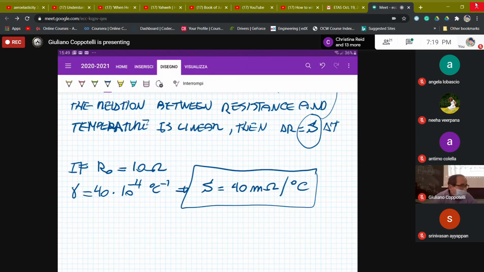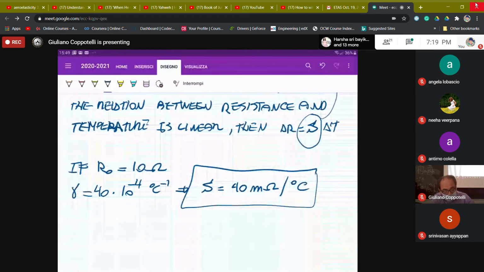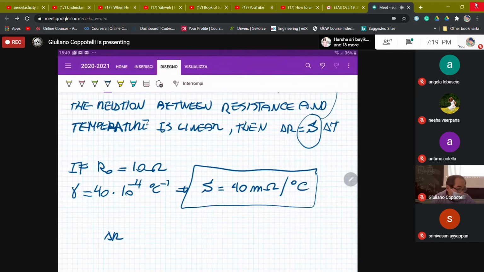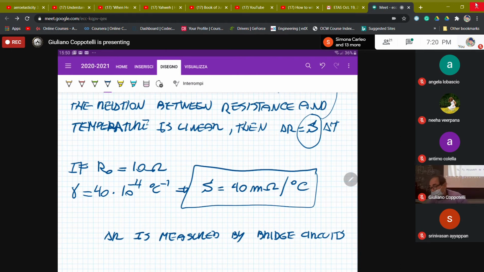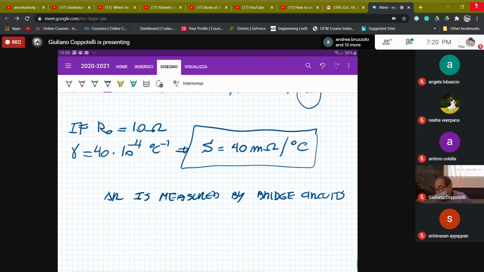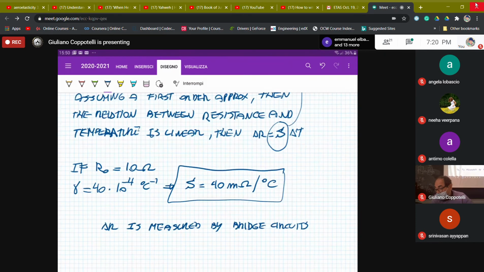Generally, as you know, the change of resistance because of the change of temperature is measured once again by bridge circuits, measuring circuits, like the Wheatstone bridge.